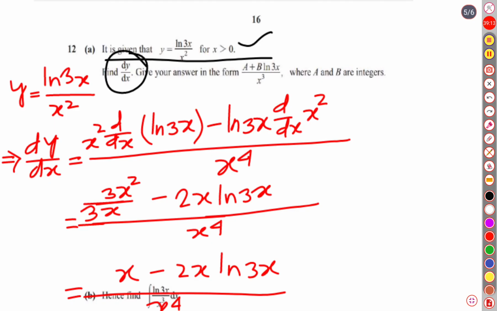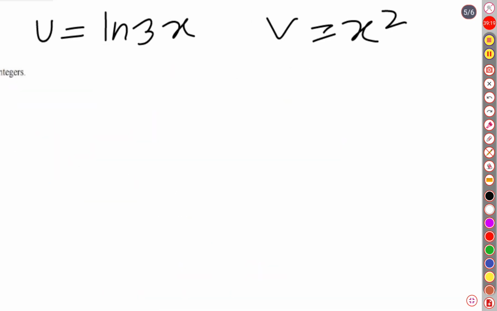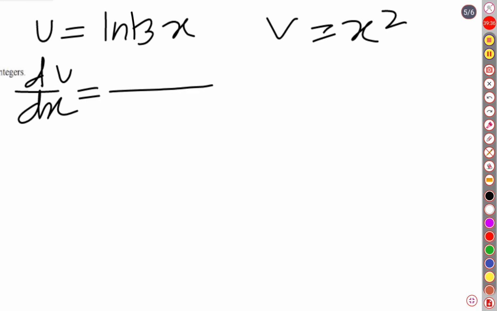How to differentiate this? Let me write the differentiation just beside this. Let's consider our first function, u is equal to ln 3x. So du over dx is equal to, remember, whenever an ln function is given, we don't look at the ln.